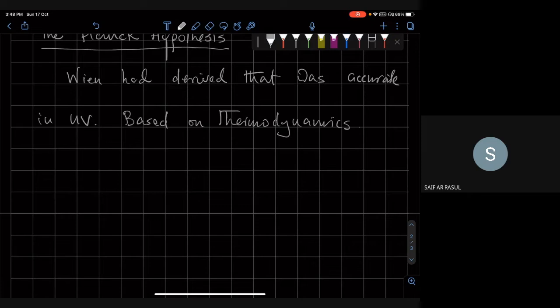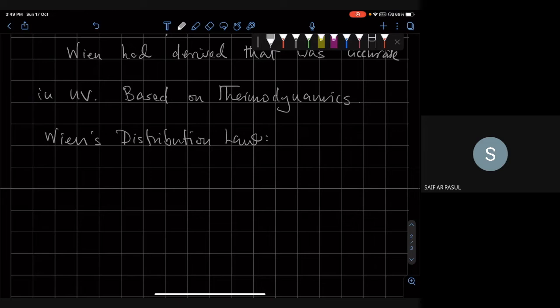This law is called Wien's distribution law. We don't need the explicit form, but the law is that u, the density of radiation at frequency nu, is given by nu cubed times some function that depends on the ratio of nu and T.